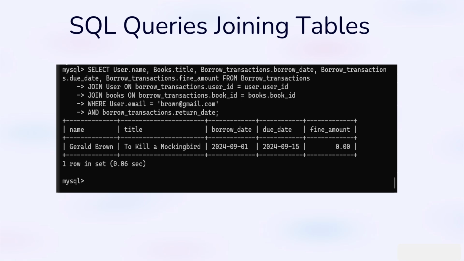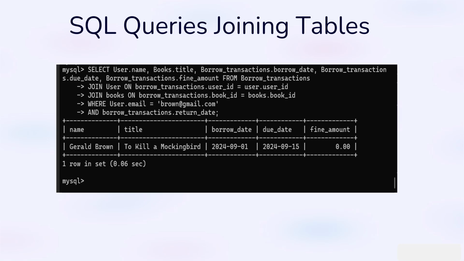Now, the SQL for that is: select users.name, books.title, borrow_transactions.borrow_date, borrow_transactions.due_date, and also borrow_transactions.fine_amount from borrow_transactions.